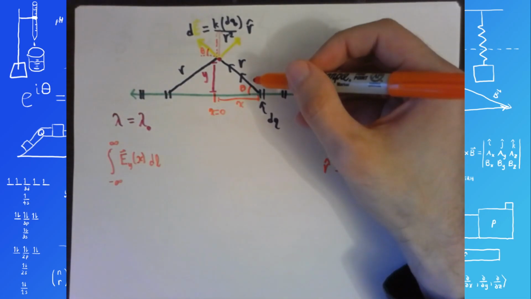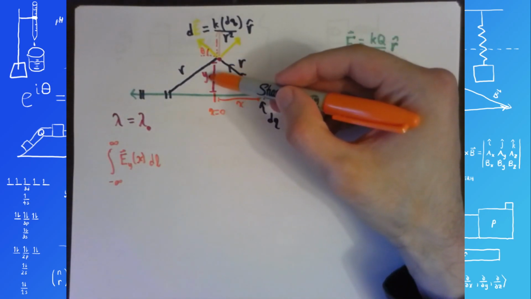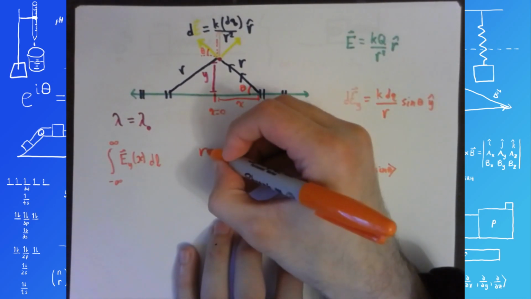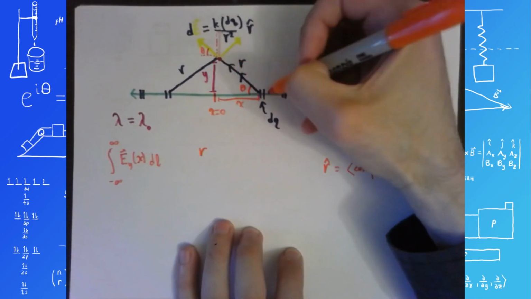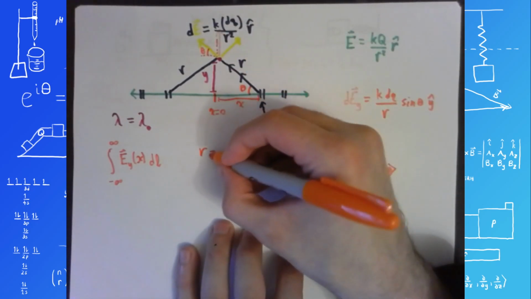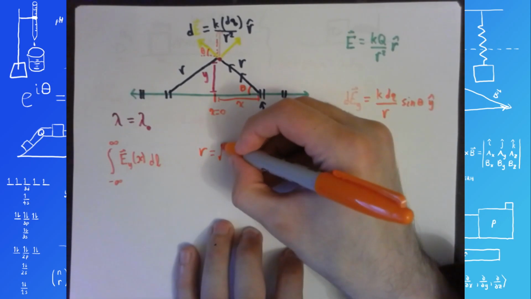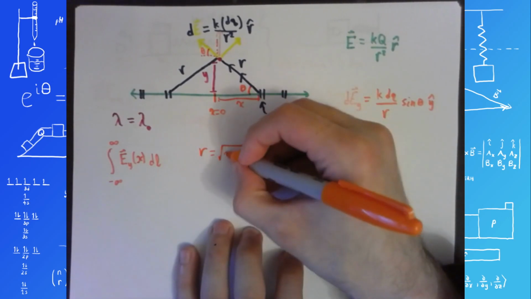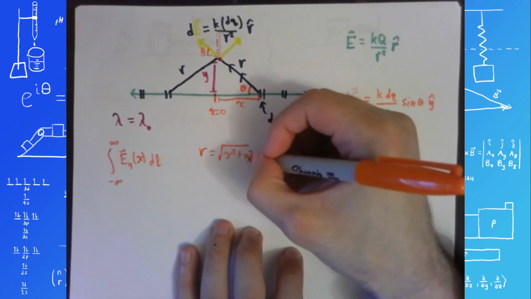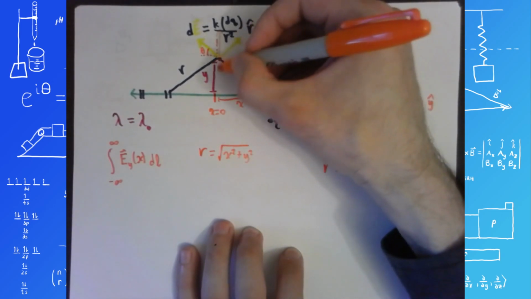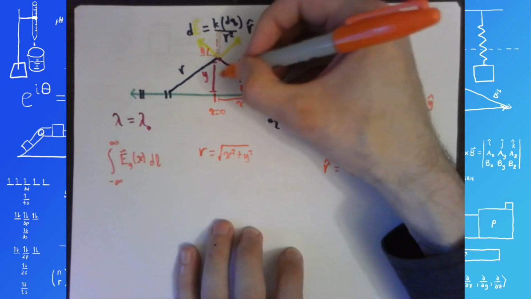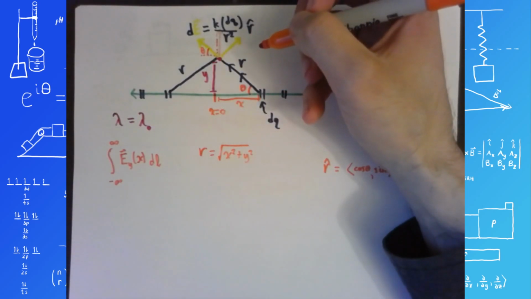How does that help me define R? Well, y is a constant, so we can now define R using Pythagorean theorem, because right here we've got ourselves a right triangle. So I'm going to say R equals the square root of x squared plus y squared, x being a variable, y being just this constant distance from the infinite line that we were given for the problem.